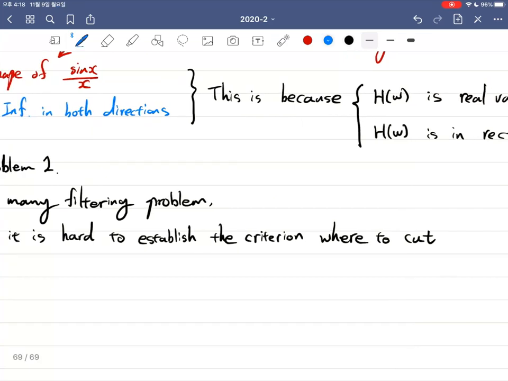So this criterion is omega c in the figure. Okay?